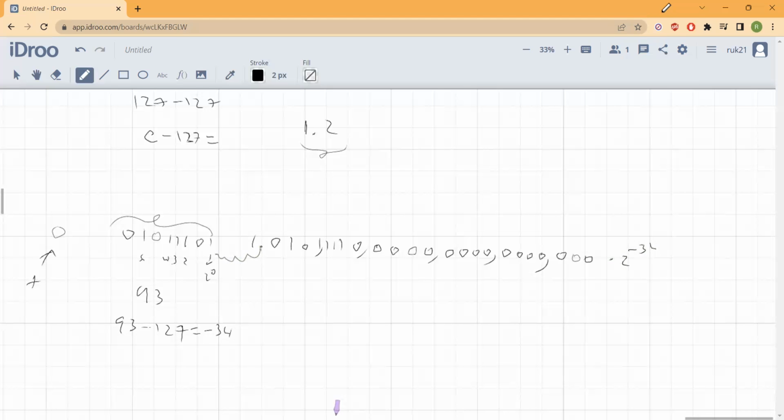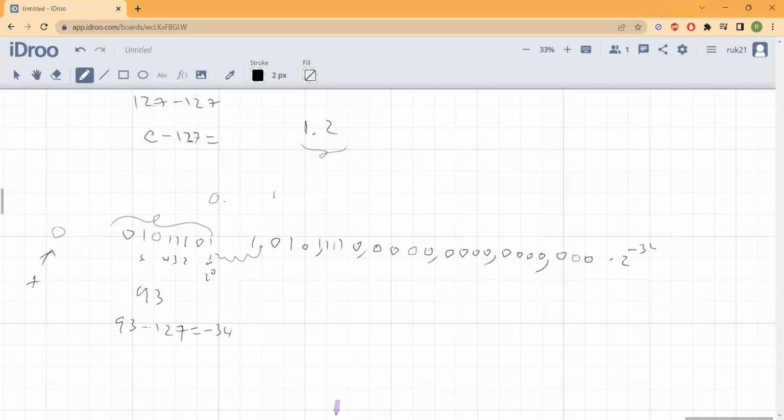So if we shift it 34 places to the left, we can still figure out what this is going to be, 2 to the power of what. So we have 0 point and then 33 decimals, and then it ends with our 1, and 33 zeros.